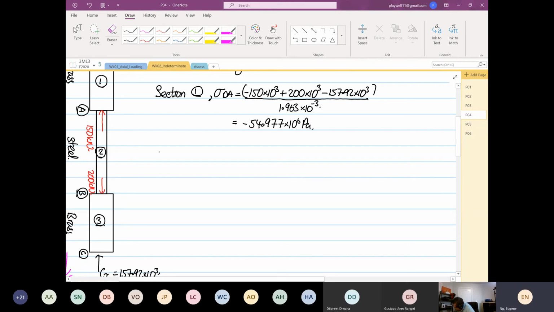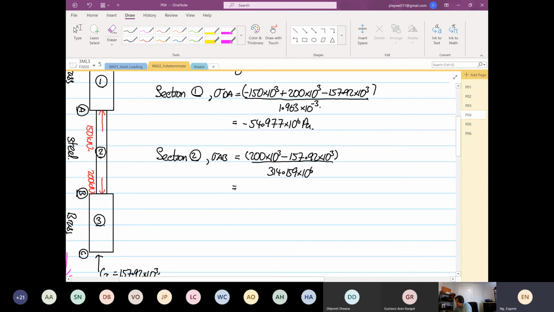Then we look at section number 2. That is our stress AB. In section number 2, we don't get to see the 150, but we get to see the 200. So the 200 is going to go into tensile mode, then minus 157.92. And the cross-sectional area is 314.159 times 10 to the power minus 6.